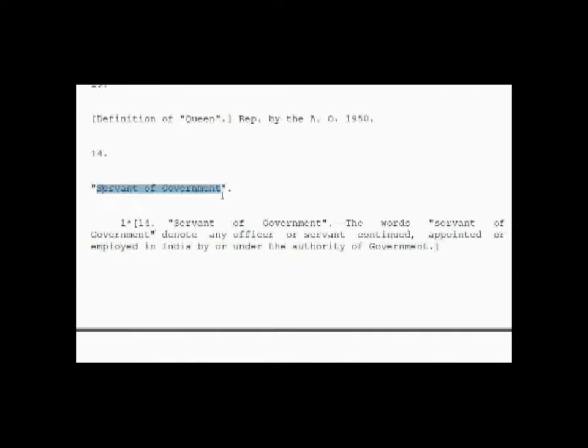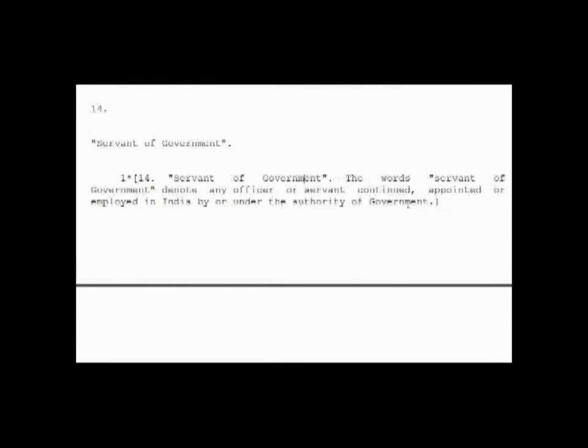Section 14 talks about servants of government. It is quite a wide definition. It includes any officer or servant continued or appointed in India under the authority of government. It is quite wide as compared to the definition under Section 21, which talks about public servants.